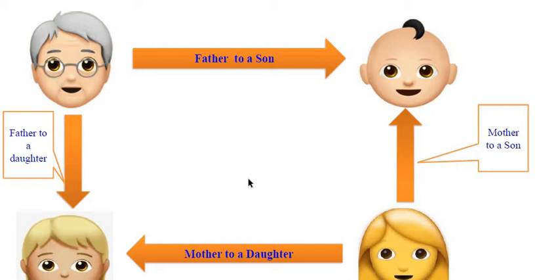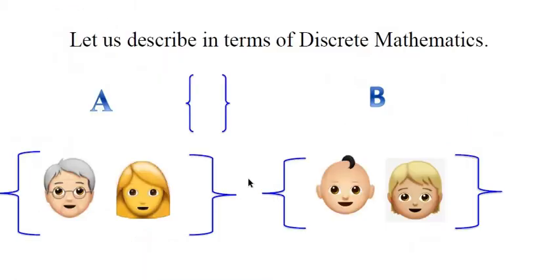If we consider father to son or mother to son, then father to daughter or mother to daughter, these are the relations. So father-son relation, mother-son relation, mother-daughter relation, and so on. Now let us describe this in terms of discrete mathematics.